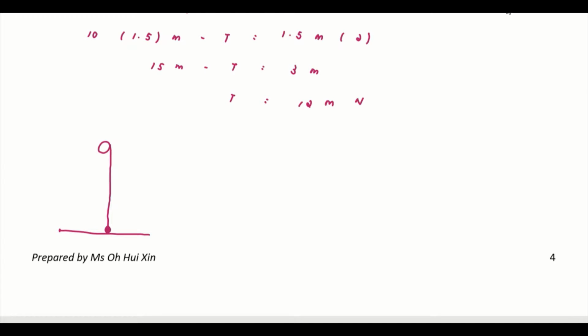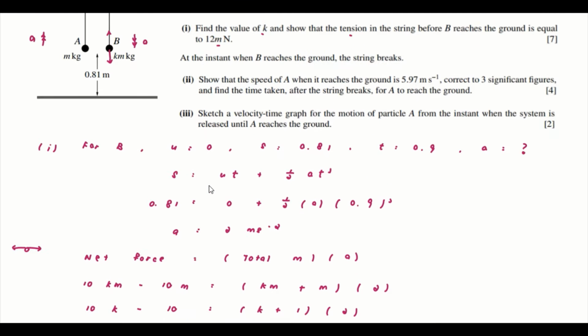Okay, so this is B, then this is A. After B reached the ground, at the instant where B reaches the ground, this is the ground. So B reached the ground, then the string breaks. You can see that by looking at the question, where they use the words at the instant when B reaches the ground.